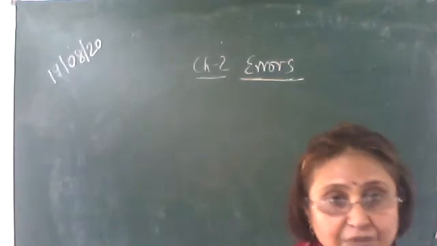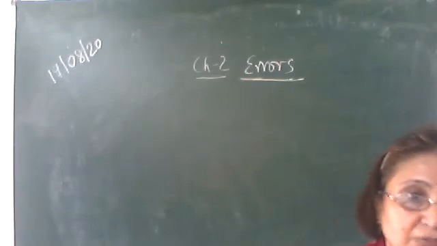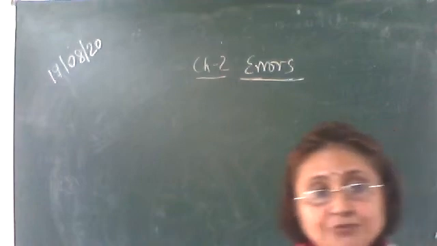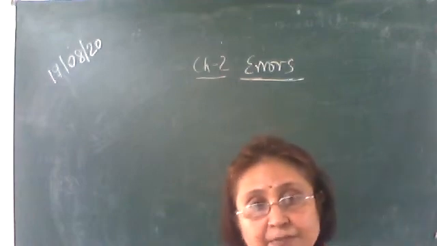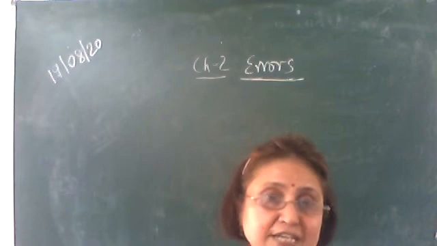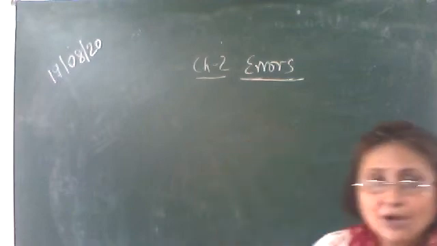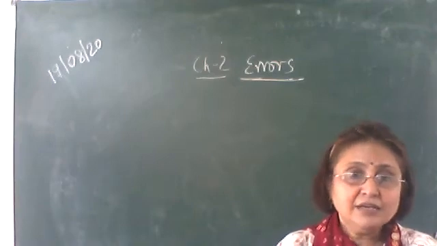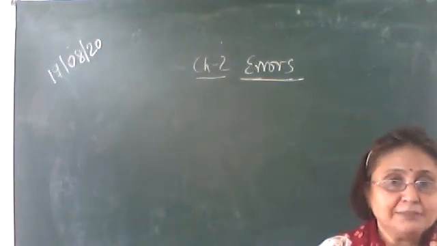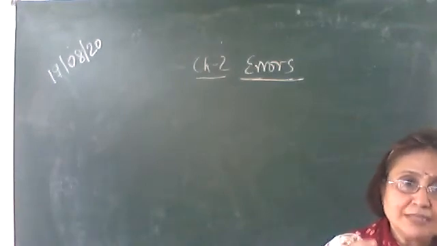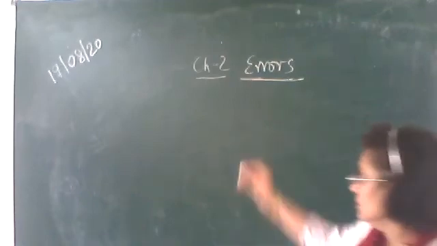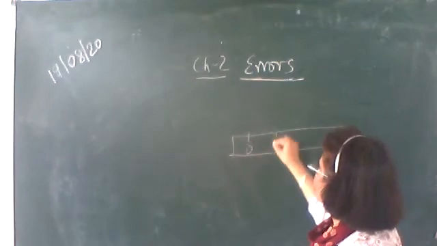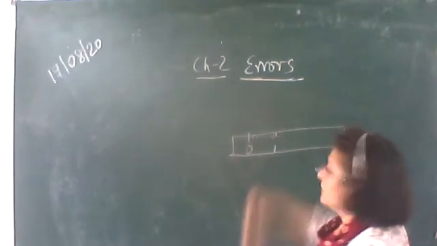When you come to school and do the practicals, there is one experiment on vernier calipers in which there are two scales. One is the regular scale, the main scale, in which the least count is 1 millimeter, with 0 here, 1 here, and 10 fine lines.